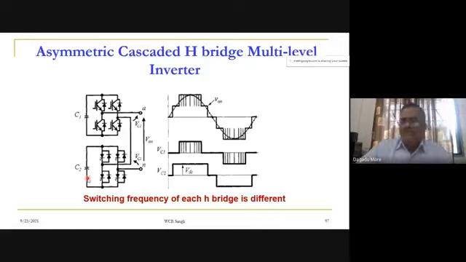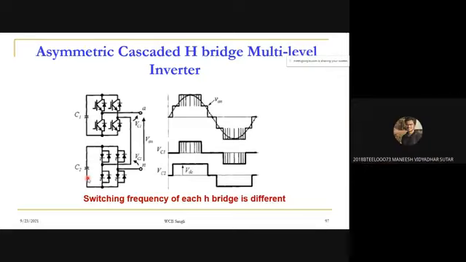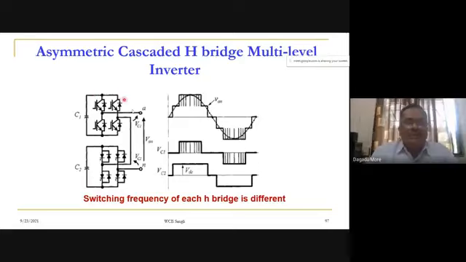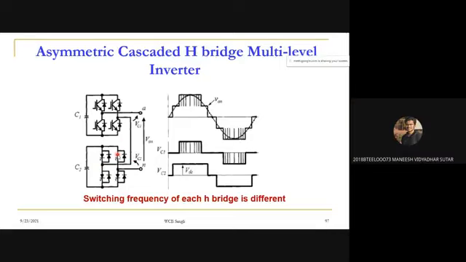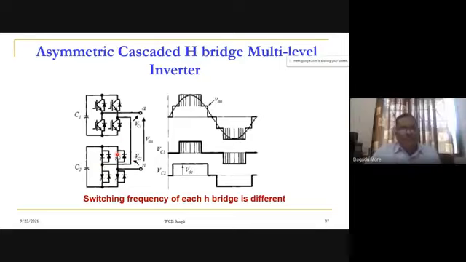What is the difference between the two H bridges here? IGBTs are present only in the upper H bridge. So here IGBT is in the upper, and which device is at the lower? Thyristor. Okay, it may not be a visibility problem. It will be a GTO.